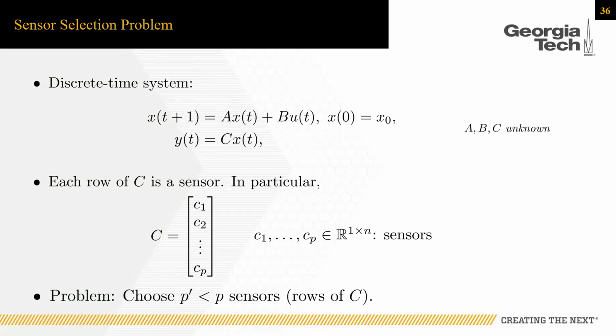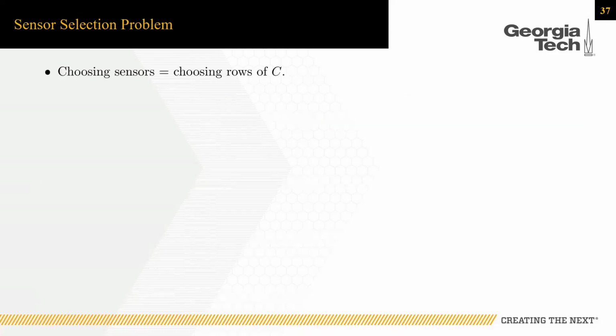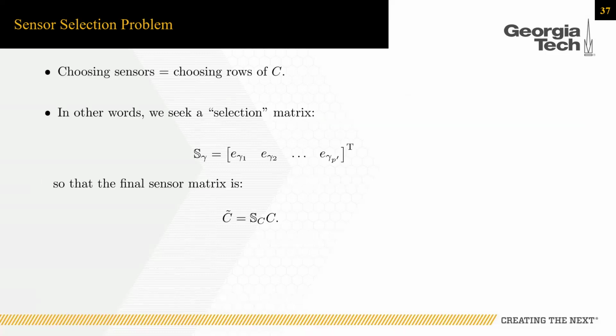Again, same as before, I have to pick P prime, which is less than P, the rows of C. This is what I have to do for the sensor selection: choosing sensors, choosing rows. Nothing too fancy. Since it is selection, we'll come back to selection metrics, which is actually pretty interesting.